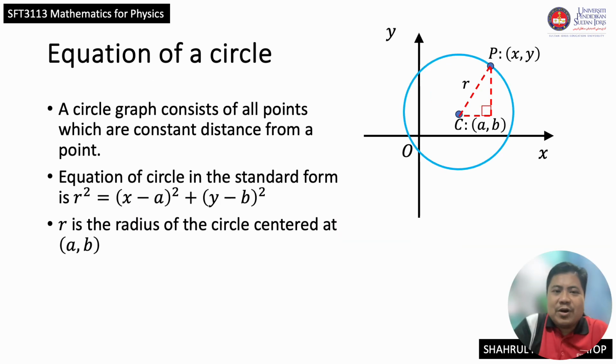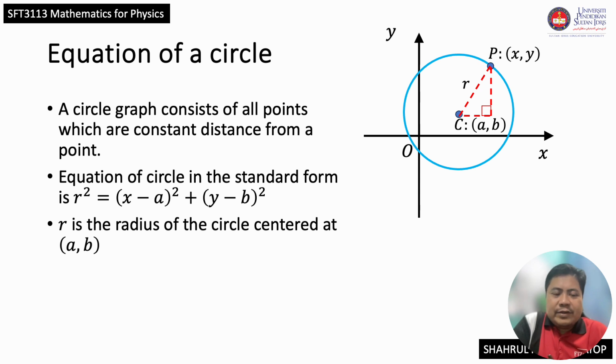Now we go to the equation of a circle. So a circle graph consists of all points which are a constant distance from a point. So you have a point P and it has the same constant distance from C, and all of these points have the same distance from the point C, the center of the circle.